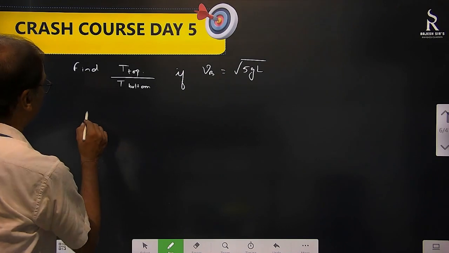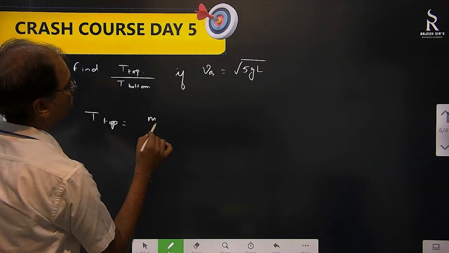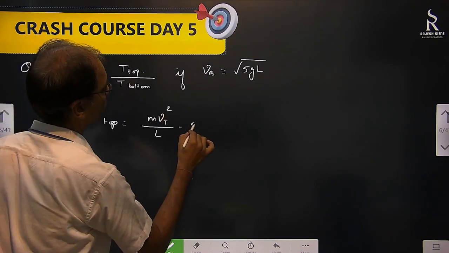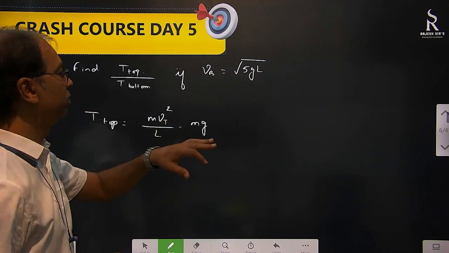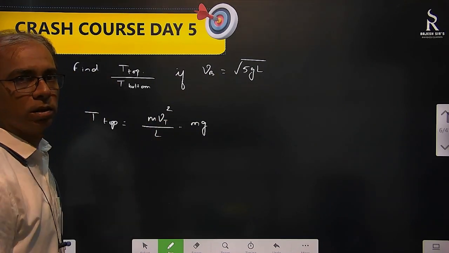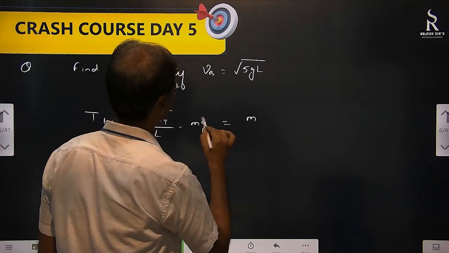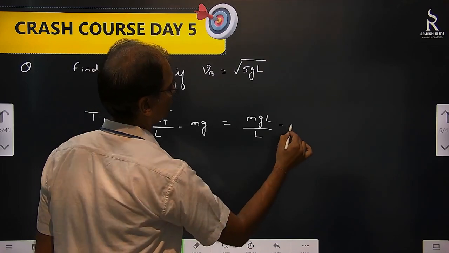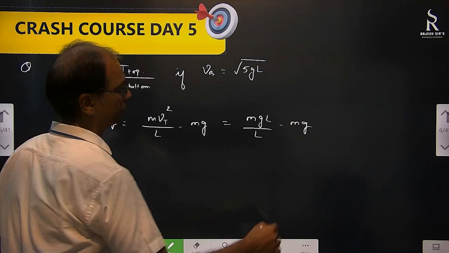So tension at the top is m velocity at the top square by L minus mg. At the bottom, if it is root 5gL, what will be the velocity at the top? Root gL. Put it here: m root gL square, that means gL, by L minus mg. What is the tension? 0.